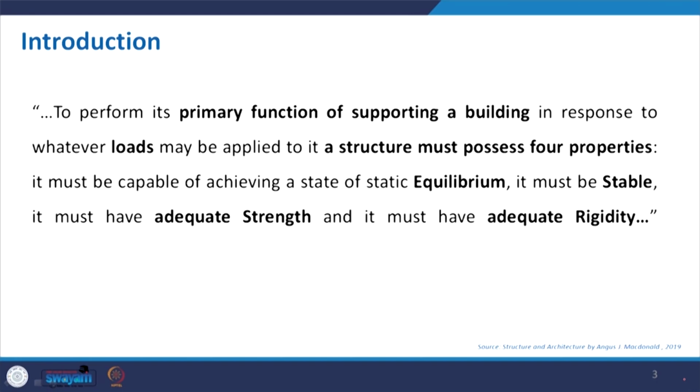In order to resist all the loads, it may be the dead load, the live load, the thermal load, the lateral load, dynamic load, imposed load, or something like a sudden load. Whatever loads we discussed during that lecture on different kinds of loads acting on a structure, the structure should be resistant enough, and for that it must have 4 properties.